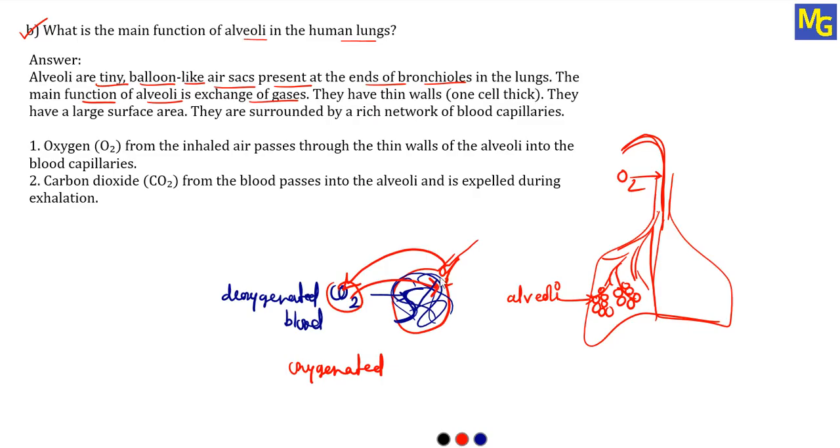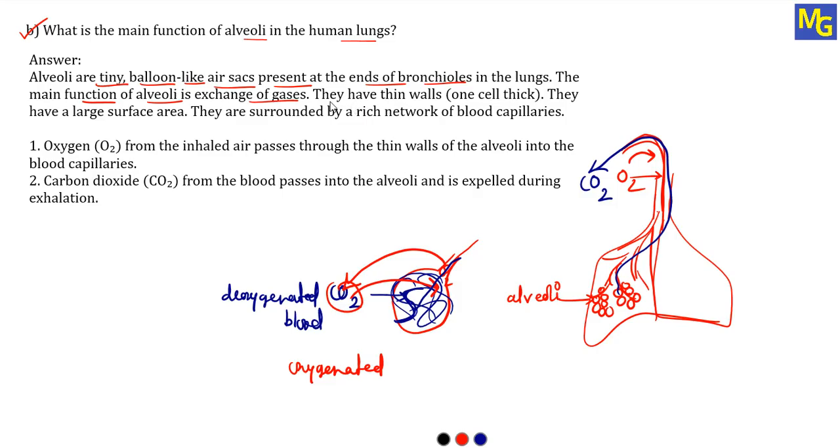That CO2 goes back out when we exhale. Again, once we inhale, O2 will go in, and once we exhale, CO2 comes out. And this CO2 and O2 are exchanged in the alveoli itself. So purification of the blood is done in the alveoli.